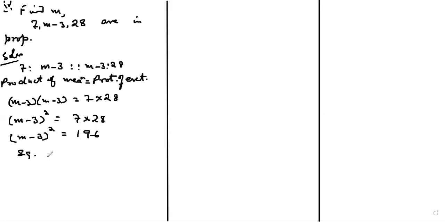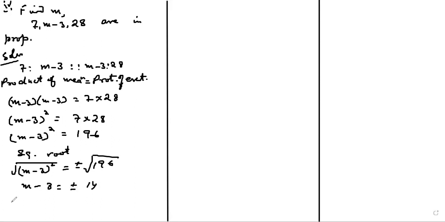Taking square root, we have square root of m minus 3 square equals square root of 196 with plus minus sign. M minus 3 equals plus minus 14.